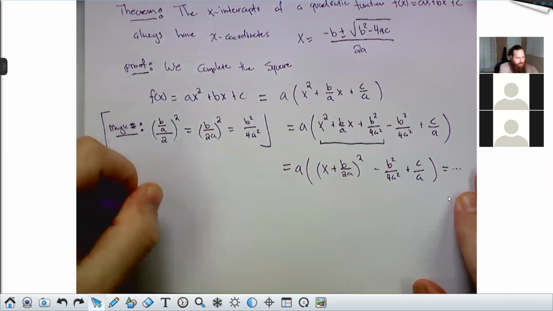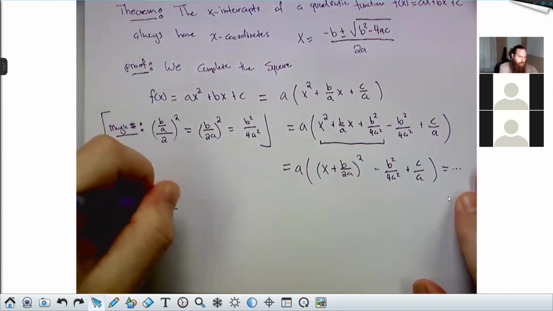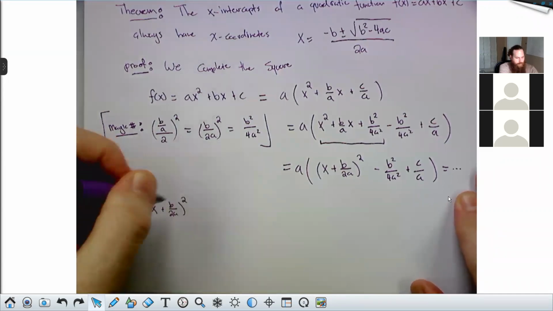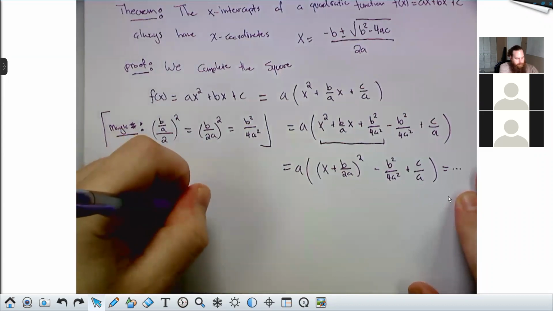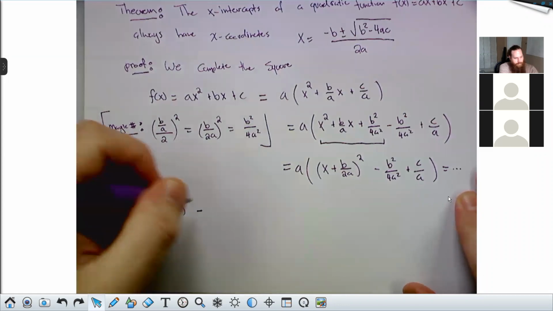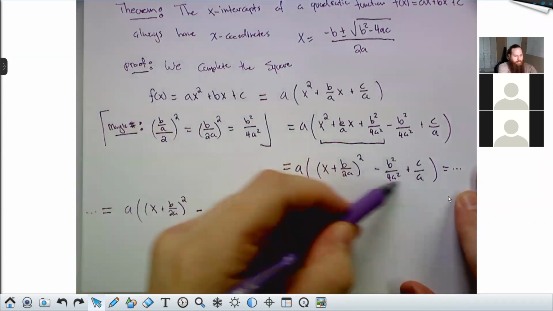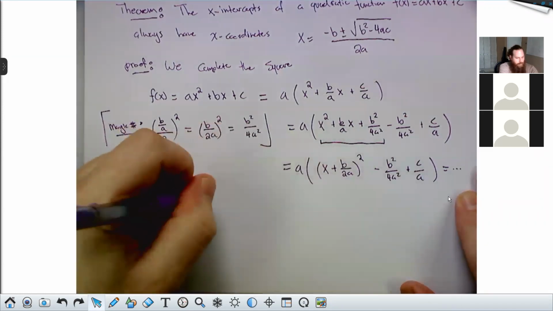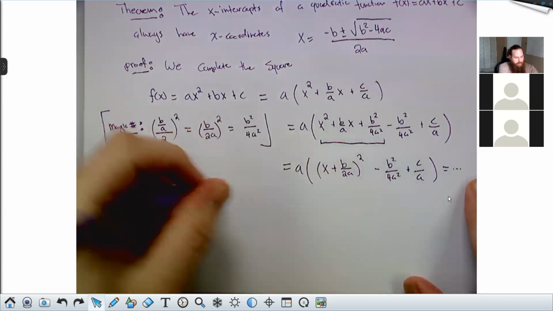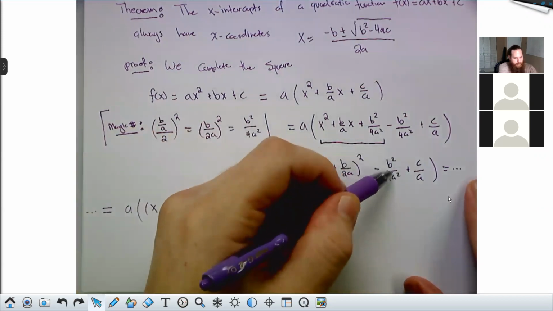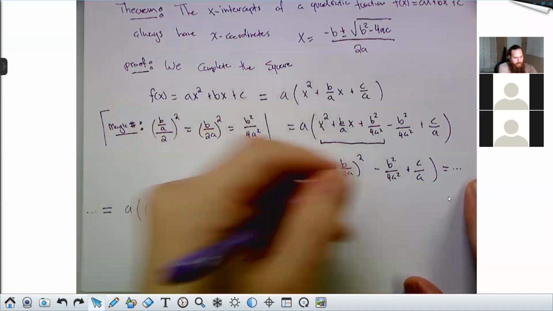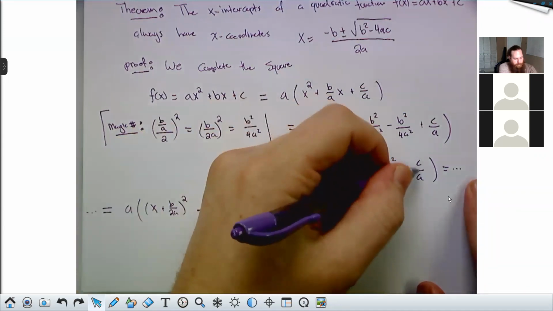So this is x plus b over 2a quantity squared minus. I want to combine these two, so I'll have a common denominator. That means I need to multiply this guy by a over a, and I need to multiply this guy by 4.